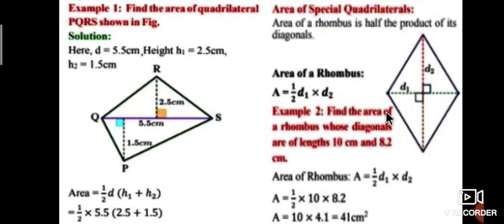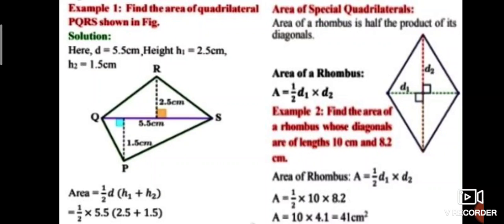Area of rhombus A is equal to half into d1 into d2, that is half into 10 into 8.2 centimeter.